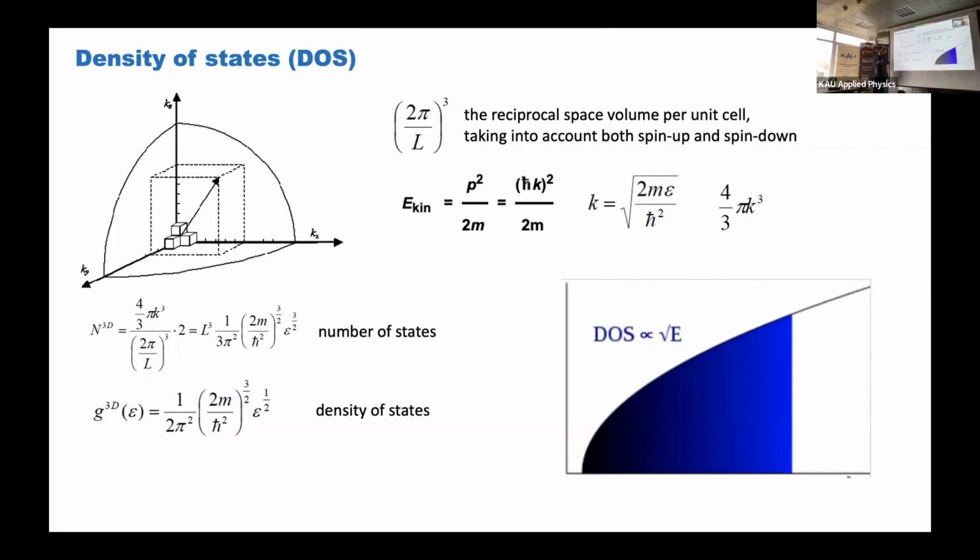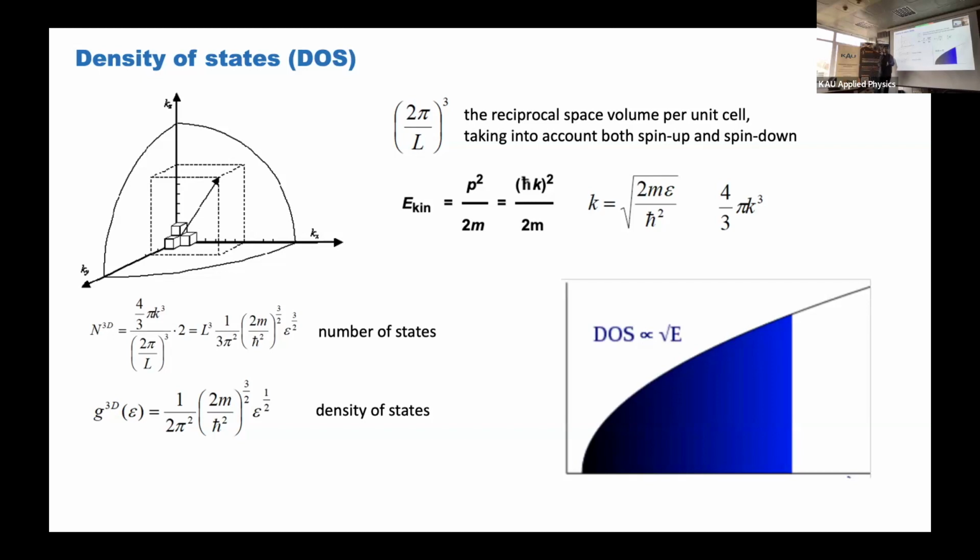And according to the Heisenberg uncertainty principle, we can't say that the electron has exactly this energy and no other energy.